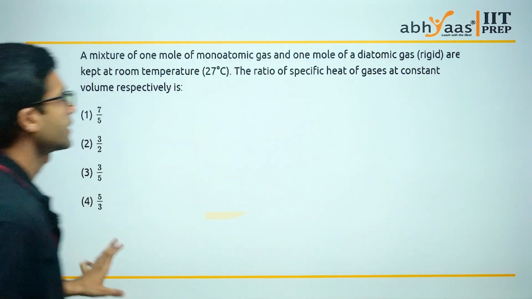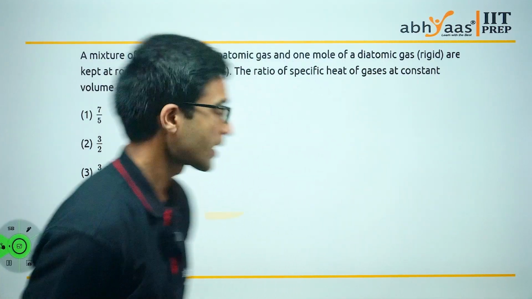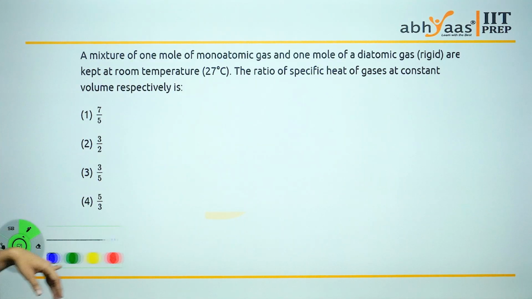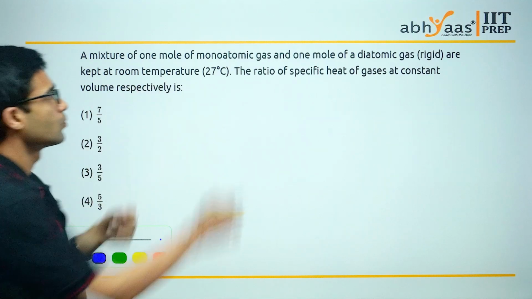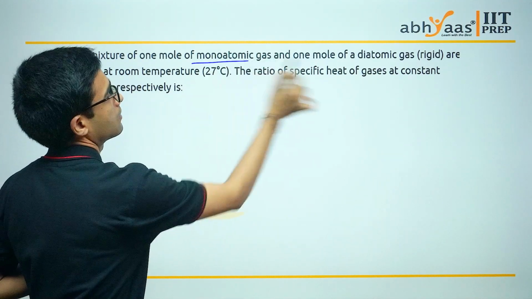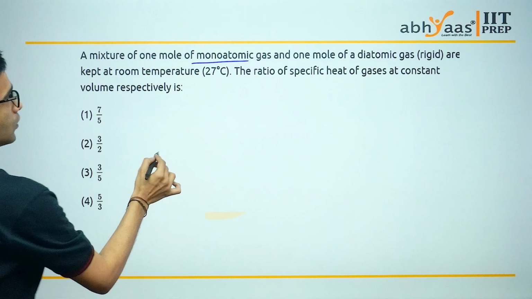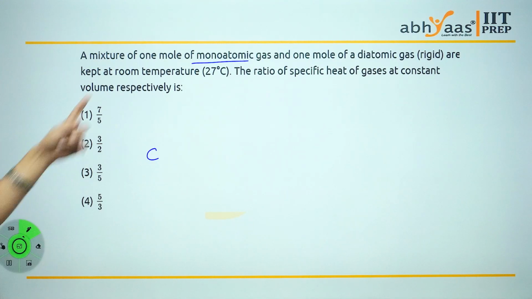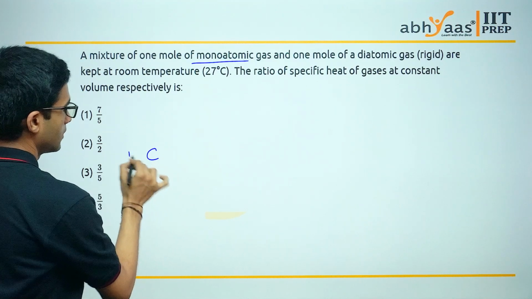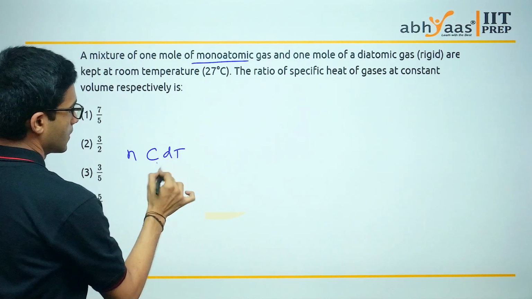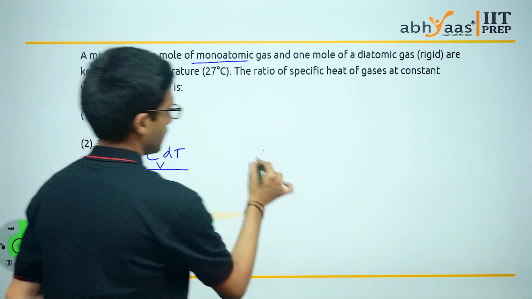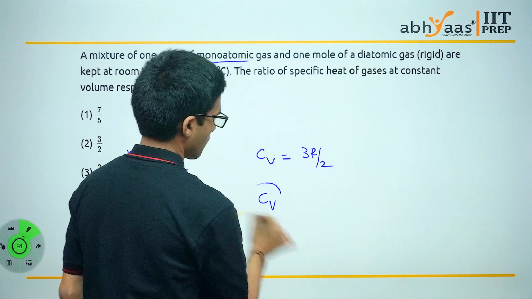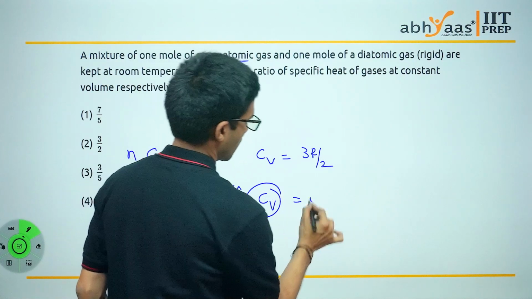Okay. Next question, what you need to calculate? The ratio of specific heats at constant volume. Here a mixture is there, monoatomic gas and diatomic gas, 1 mole only. Constant volume for monoatomic gas is 3R by 2, for the diatomic gas it is 5R by 2.